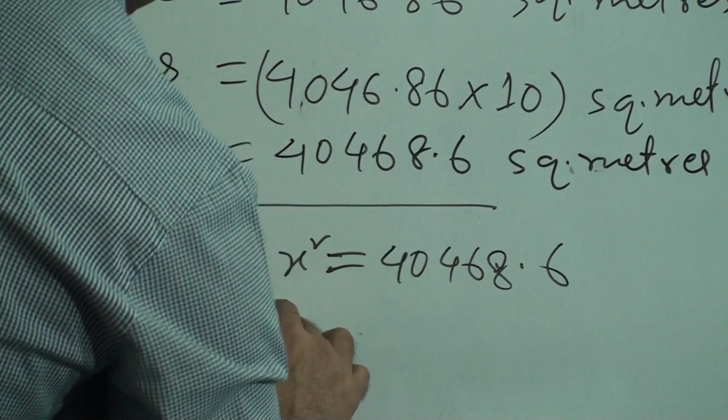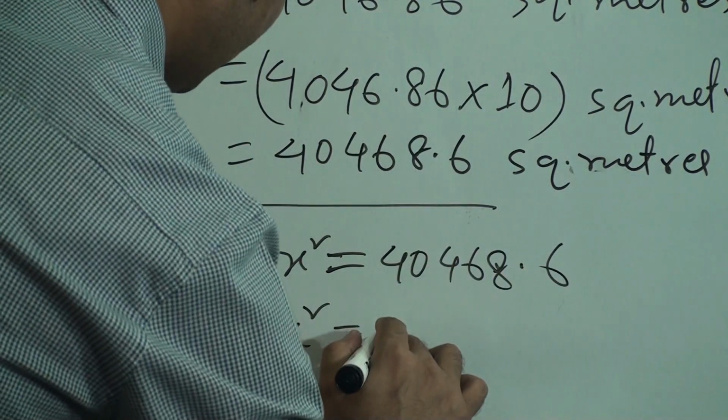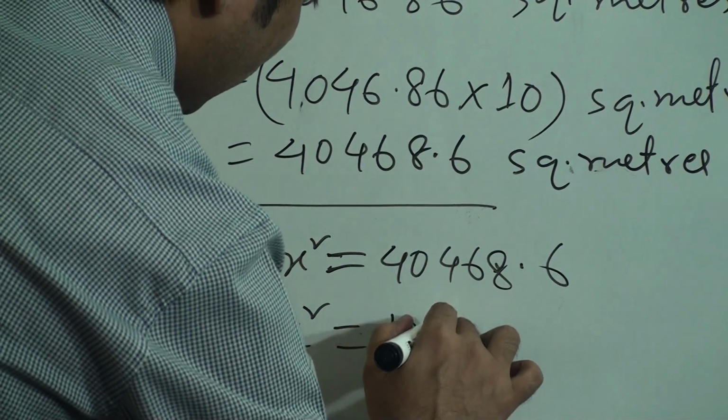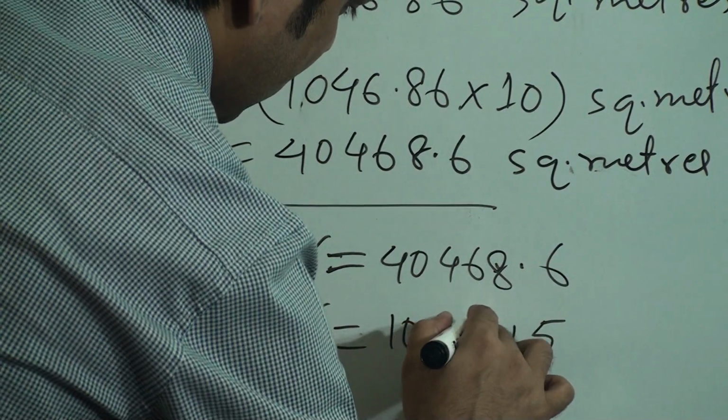So we can divide by 4. If we divide by 4, we will get the value of x square, which is 10117.15.